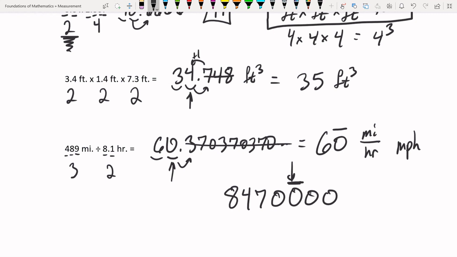You're making it significant, which means this number here, which is 8,470,000, this number has 1, 2, 3. This is significant, therefore this is as well. Therefore we have 5 sig figs here. And you can use that bar to designate a certain accuracy place.